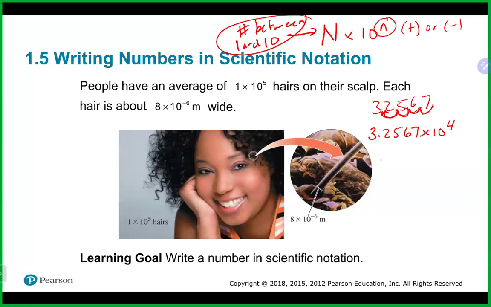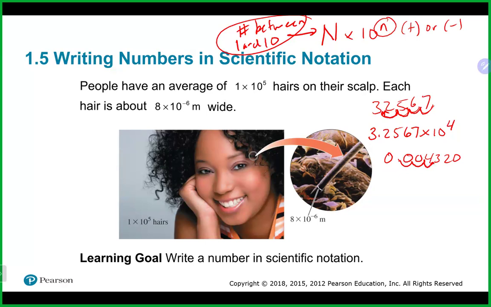Now, if we had something like 0.004320, for example, and we wanted to turn this into scientific notation, we would have to move it one place. That is not a number between 1 and 10. Two places, that's 0.4, not a number between 1 and 10.